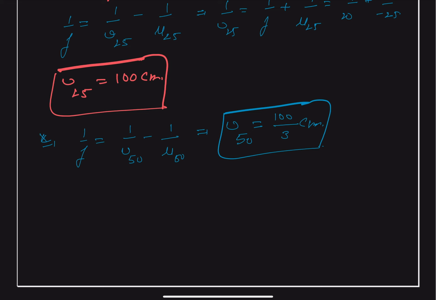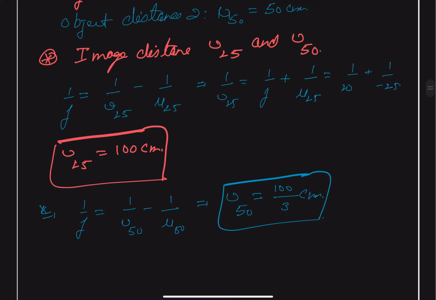Now, based on this, we can find out the magnification. Okay, so let's find out the magnification of the first part. So we can say M25 will be equal to V25 divided by u25, and V25 is our 100 and u25 is our minus 25, and this comes as minus of 4.